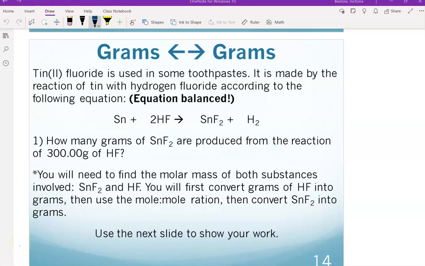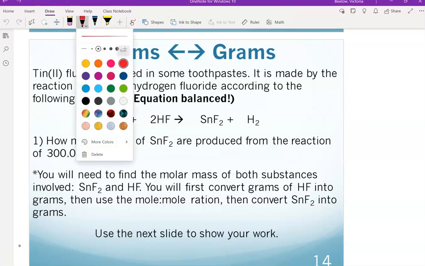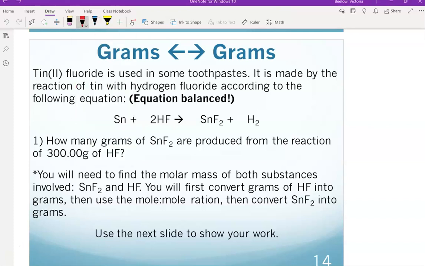Hello everyone, in this video I'm going to go over how to do the longest type of stoichiometry problem for this unit, which is a grams to grams problem. So for this question, how many grams of SnF2, that's what we're looking for, are produced from 300 grams of HF?